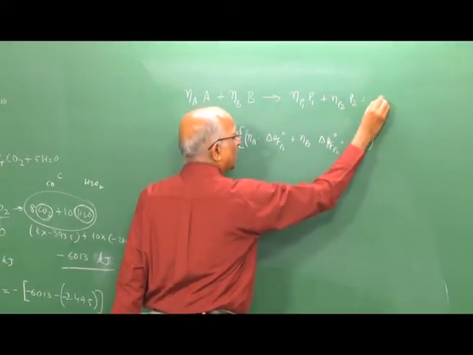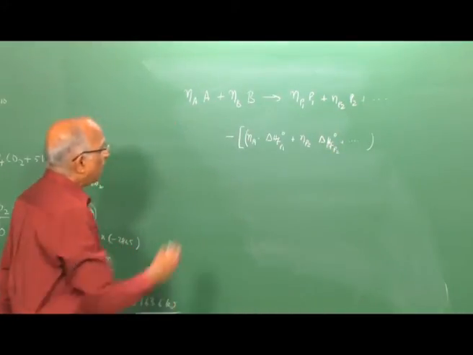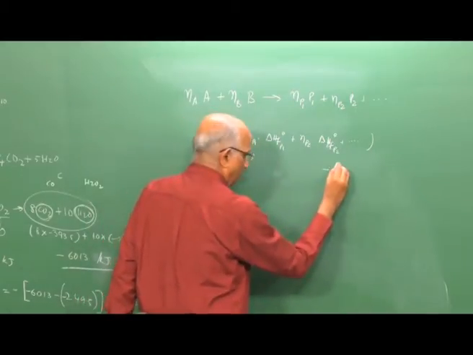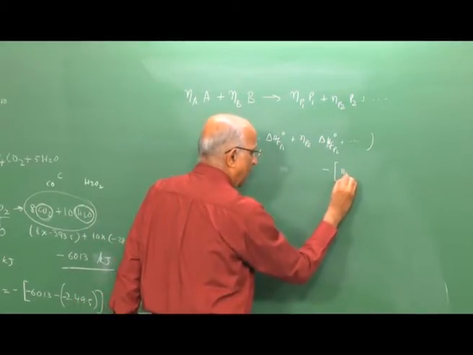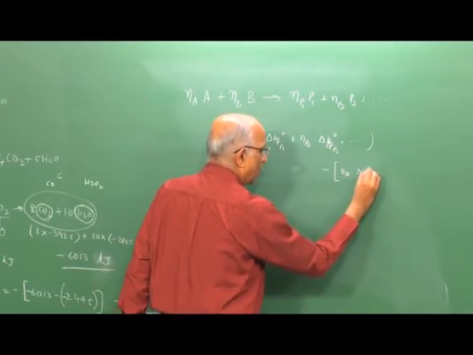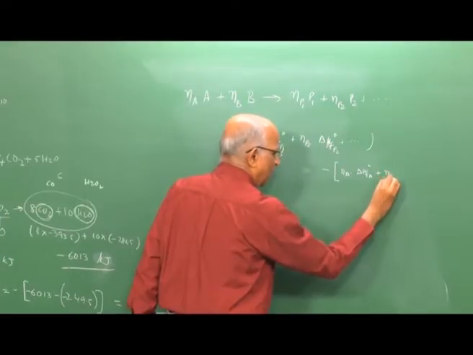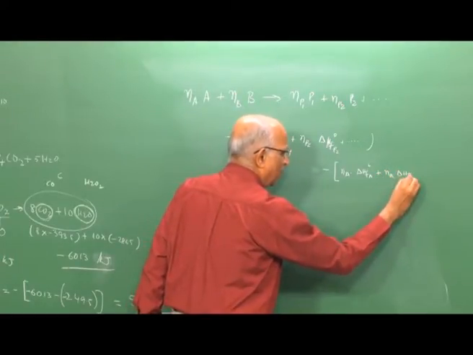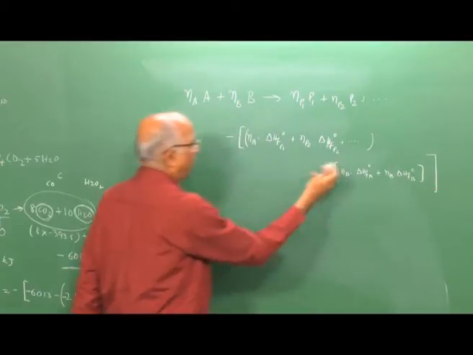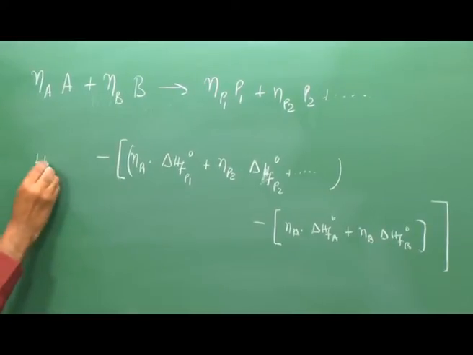These are the products which are formed. And for the reactants, minus, in brackets, Na into heat of formation of A at the standard condition plus Nb into standard heat of formation of B, is the energy of this particular reaction.